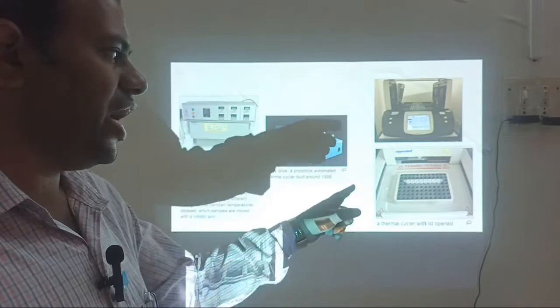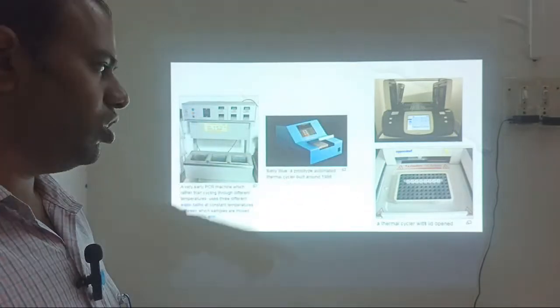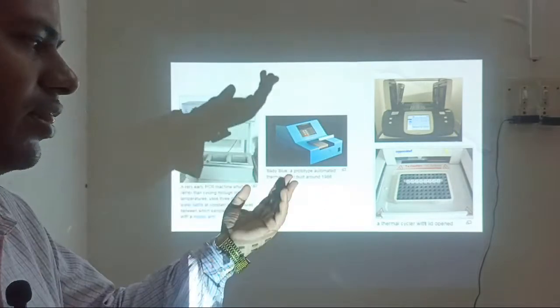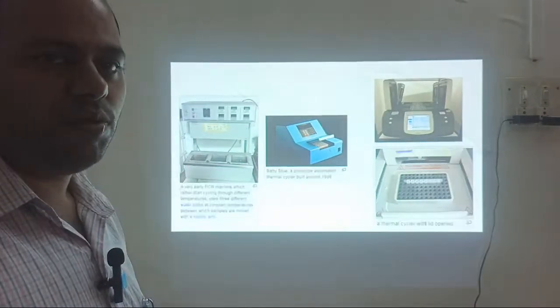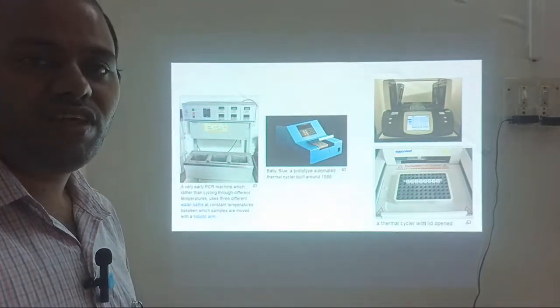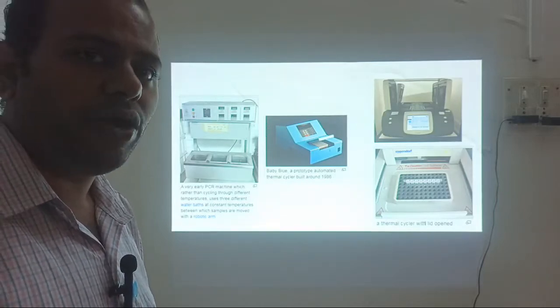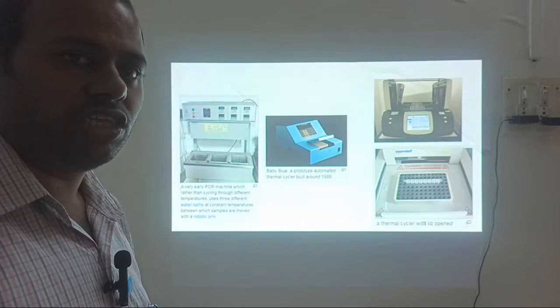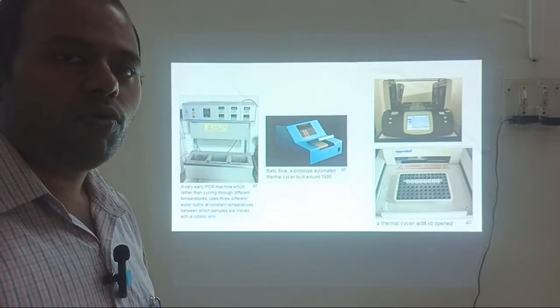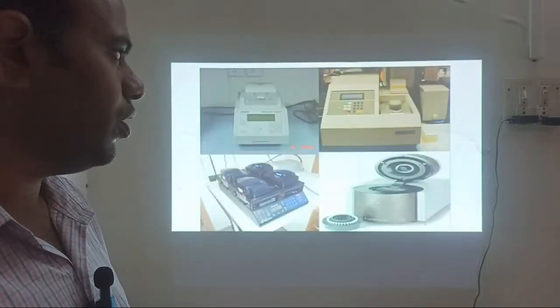You can see the PCR tubes are kept on that. Then the lid is closed and PCR is performed. Indeed, PCR is very important for applications such as genetic engineering, biotechnology and disease diagnosis. So this was all about PCR and its types.